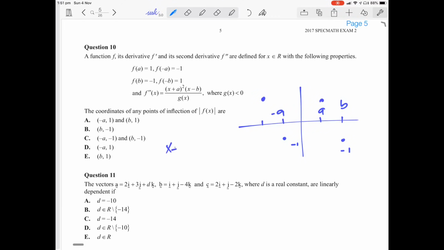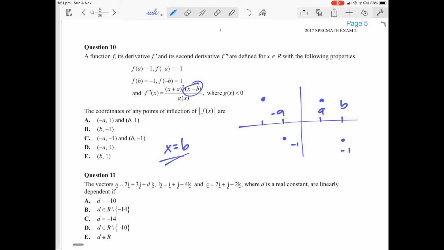So x equals negative a. No, because it's a repeated factor, it's not going to be a point of inflection, but x equals b is going to be a point of inflection because it's not repeated.